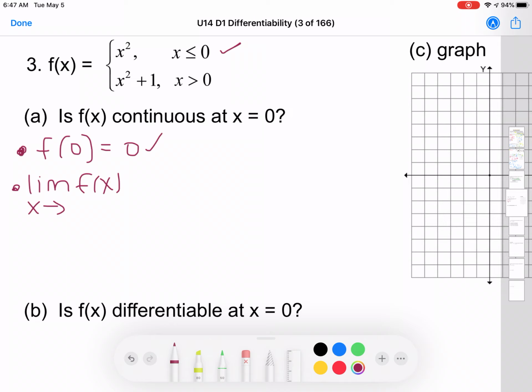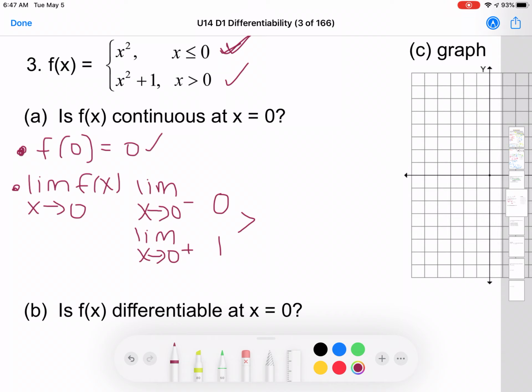We want to know what the limit is as x approaches 0. Piecewise function, we'll approach from the left, we'll approach from the right. So a little bit smaller than 0, we'll plug into this piece. 0 squared is 0. Second piece, x will approach from the right, so a little bit bigger than 0. 0 squared plus 1 is 1.